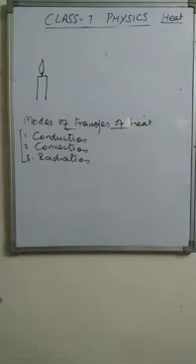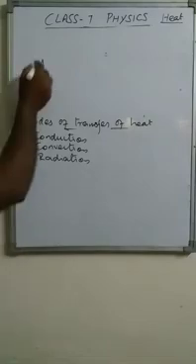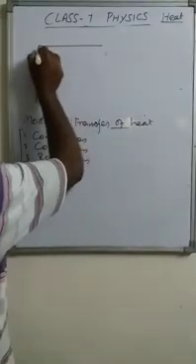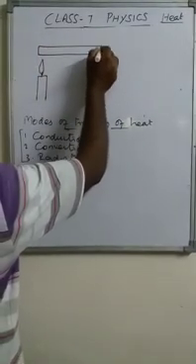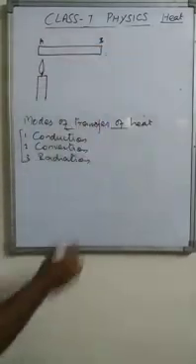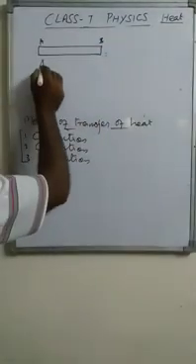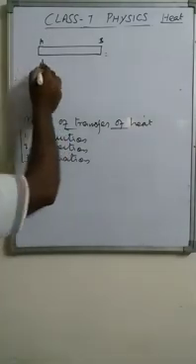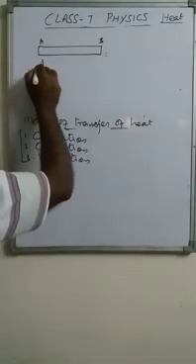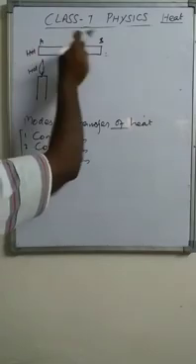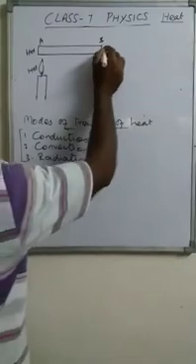If we touch the flame, we feel hot. If we put a rod, any rod, the rod has two ends, end A and end B. This end A is above the hot flame, so this end will be hot. The other end is cold.